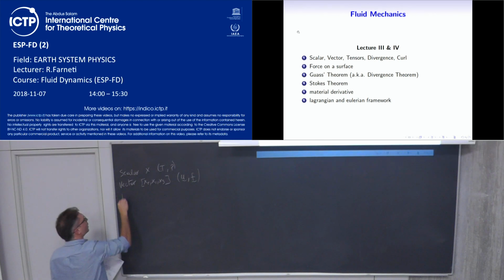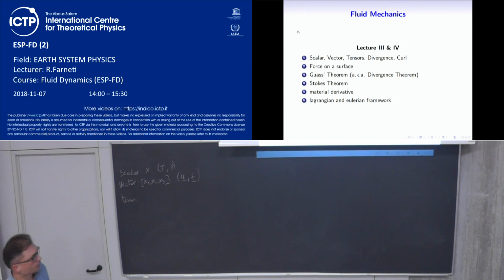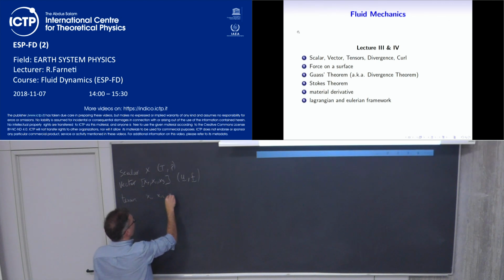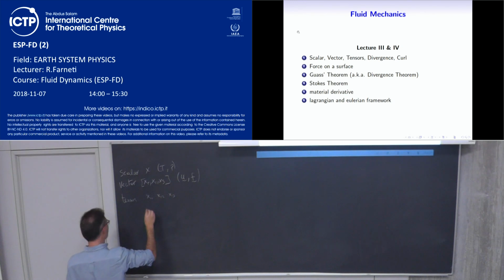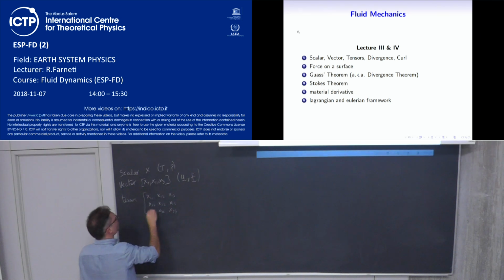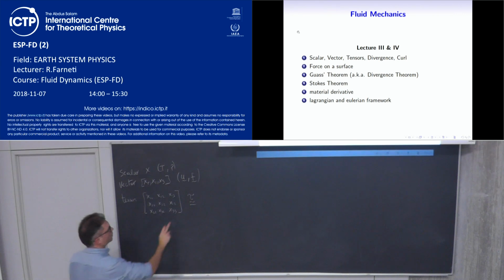And then you can have a tensor, which is what we will use from now on. Tensors are going to be things like that, and the notation is like this.